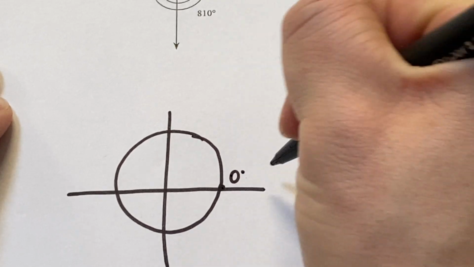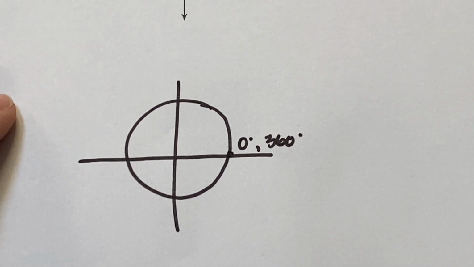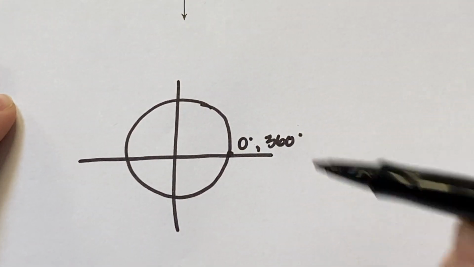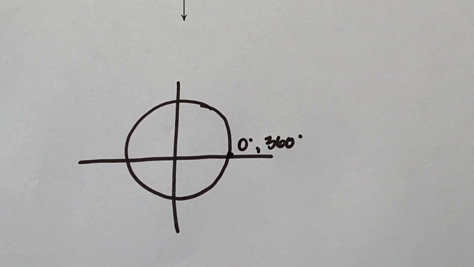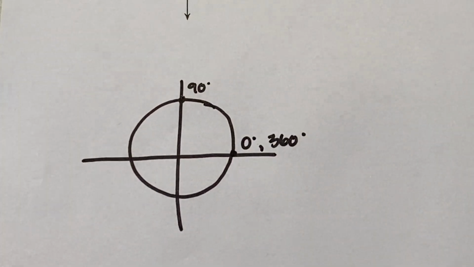This first spot is either 0 degrees or 360 degrees. Okay, and remember we're going counterclockwise. We're going this way. That's why the arrows you're seeing are always going counterclockwise. Once you hit that next little line, this guy is 90 degrees.